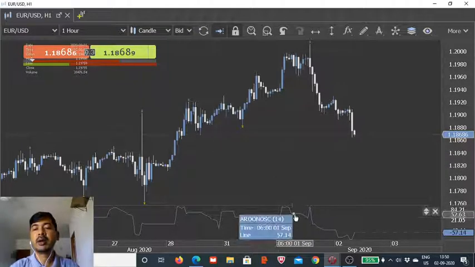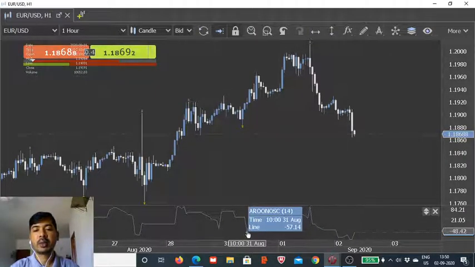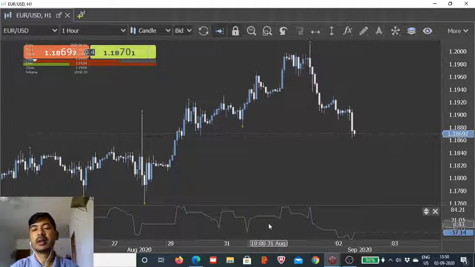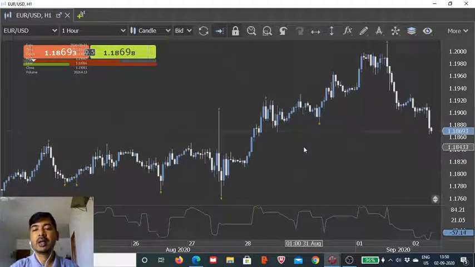Earlier it was consistently holding above 0, and after this dip at 10 GMT, it recovered, and then, as I said, it was consistently above 0, and the momentum continued in the bullish pattern.